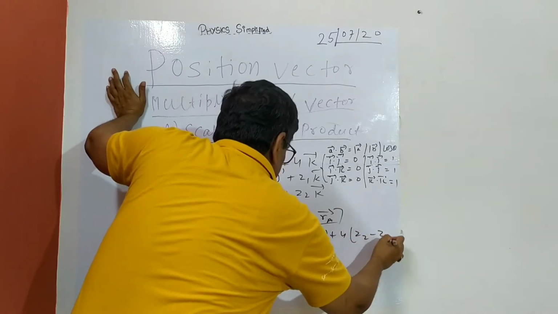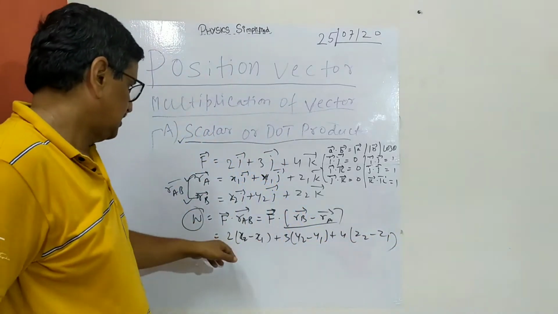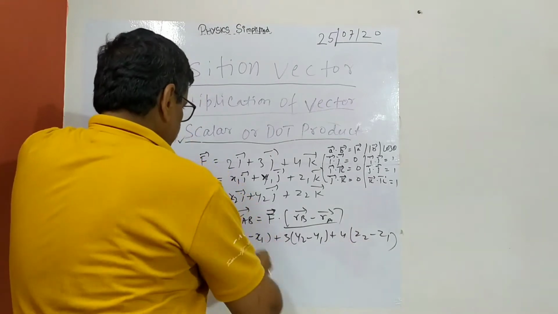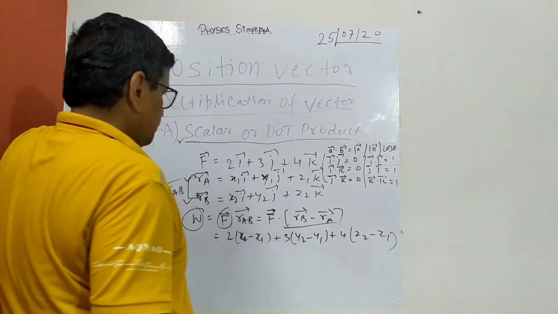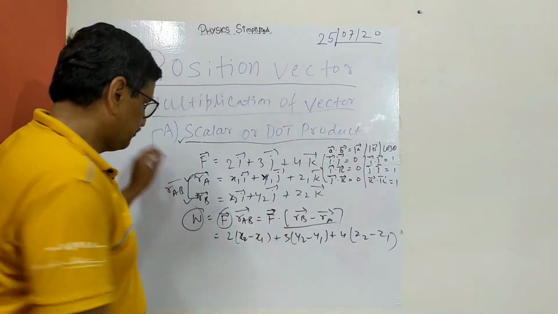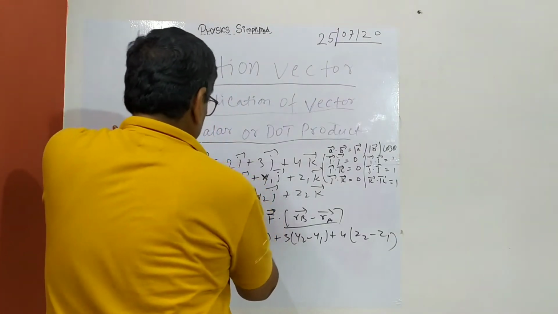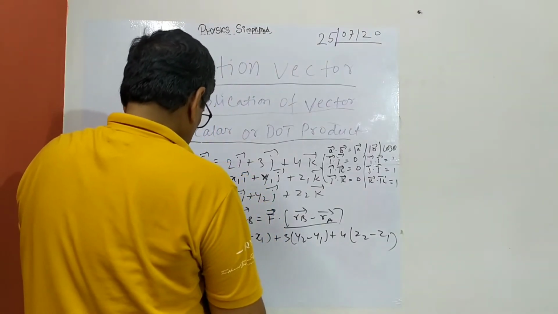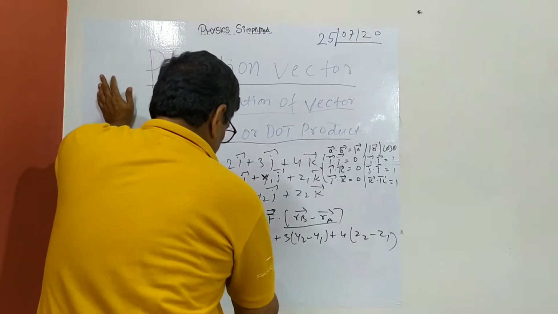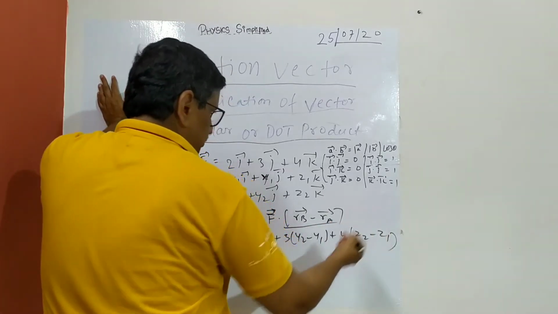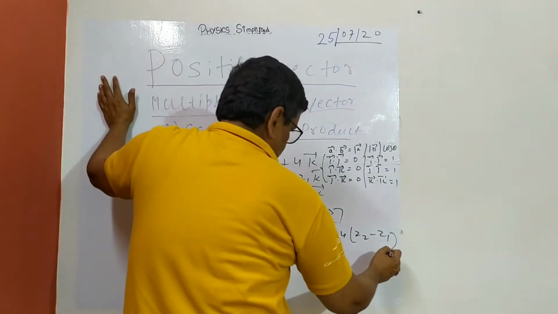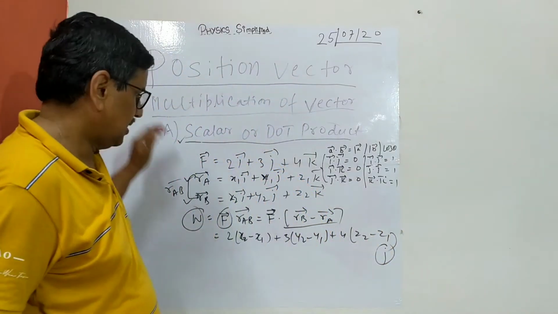It is as simple as that. That means this is the work done in joules, and this is the force. Whatever value you get is the work done in joules, Newton meter.